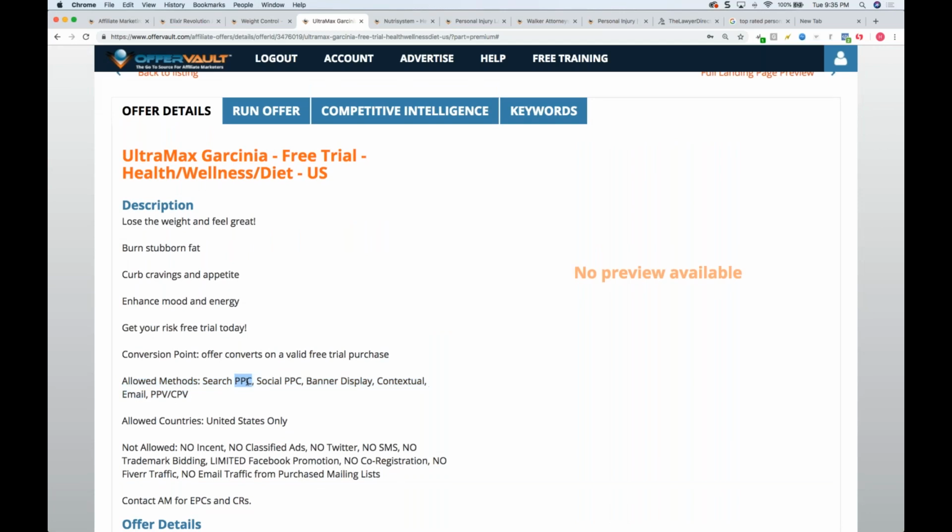So you can run search pay-per-click, you can run social pay-per-click, you can run banners, contextual, you can run email, you can run pay-per-view or PPV or CPV traffic, US only, and it's telling you what you can't run. It's like no Twitter, you can only run certain. If something says limited, it means you have to talk to your account manager after you're approved from the affiliate network. So the first key here is you want to get approved by the affiliate network, and then you can talk to your account manager there, right?